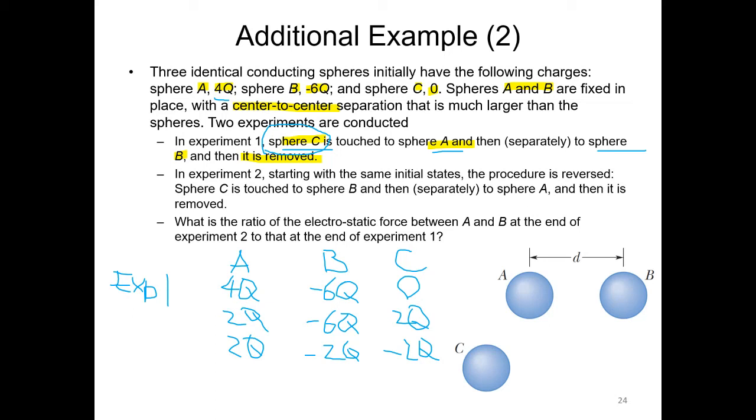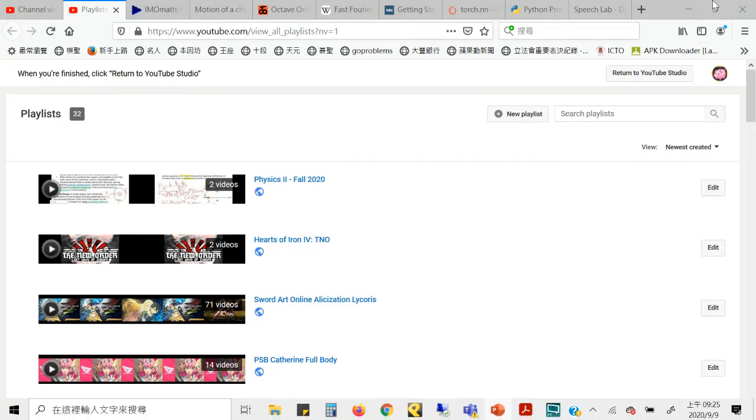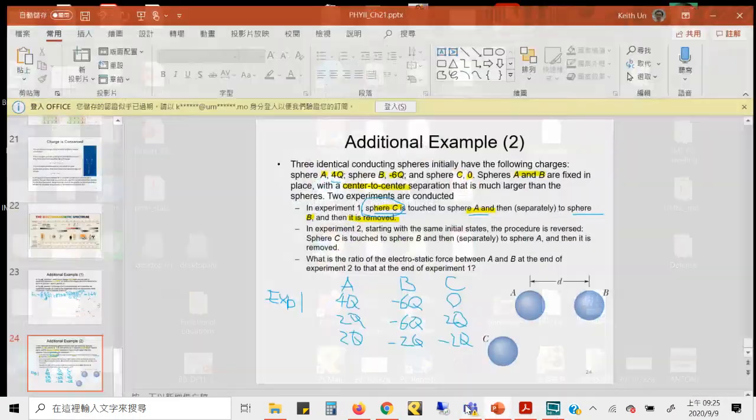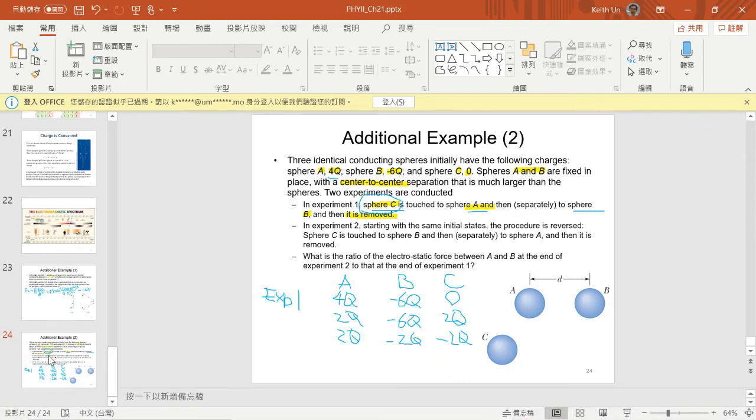So for experiment 2, maybe I just add an additional blank slide here. Otherwise, I don't have enough space.